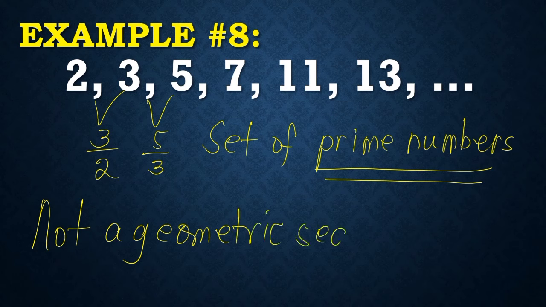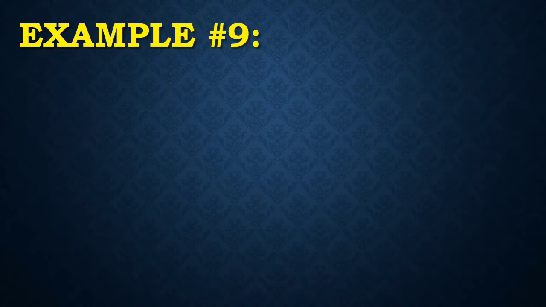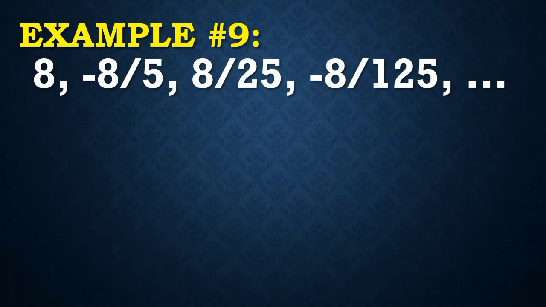I hope nagiging clear sa inyo yung difference talaga ng geometric sequence tsaka arithmetic sequence. Let's have number 9: 8, negative 8 over 5, 8 over 25, and then negative 8 over 125. So, as you can see, alternate yung mga sign nung ating given terms.